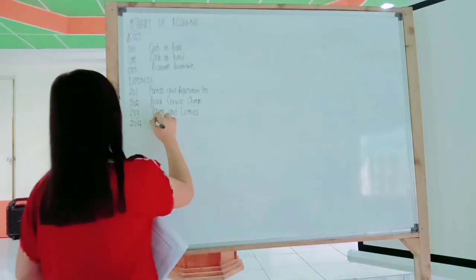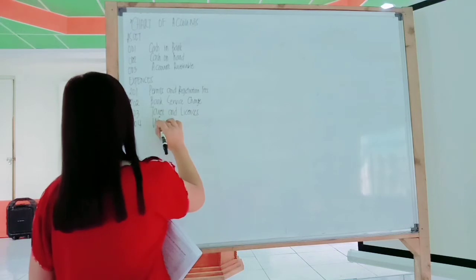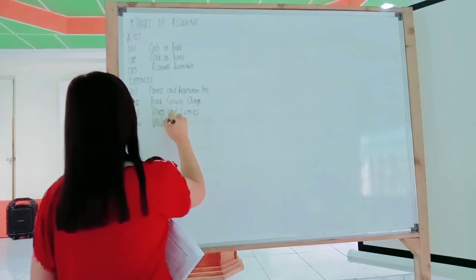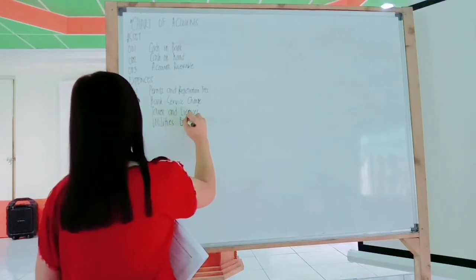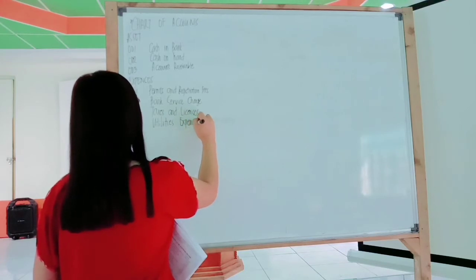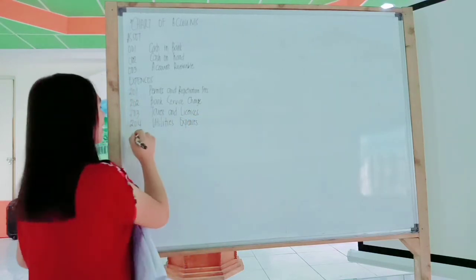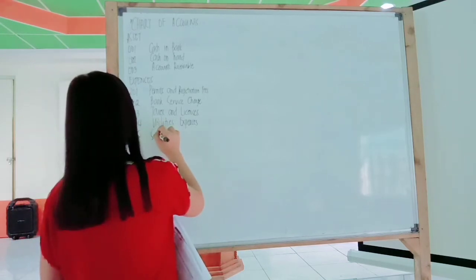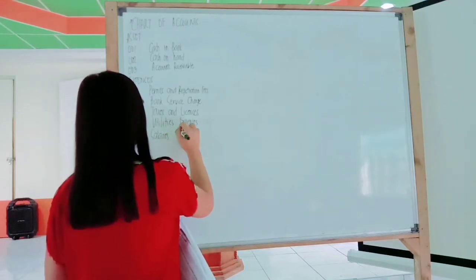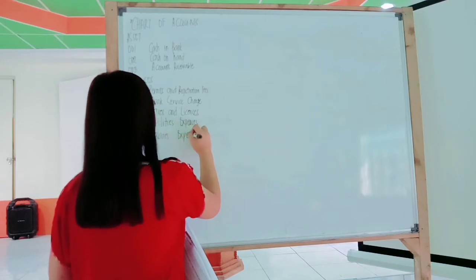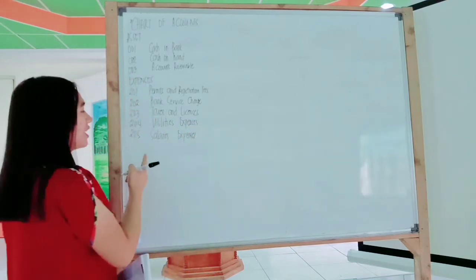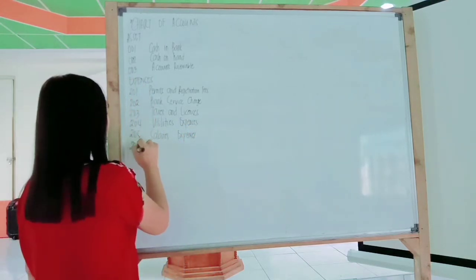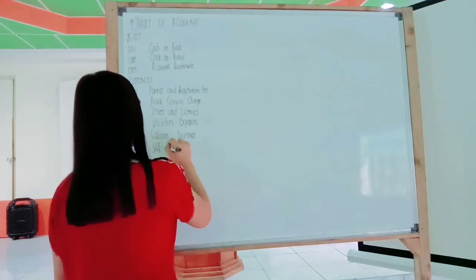204, you also have utilities expenses, and then we have 205, we have salaries expenses, or also salaries and wages, pwede. 206, we have your SSS premium.